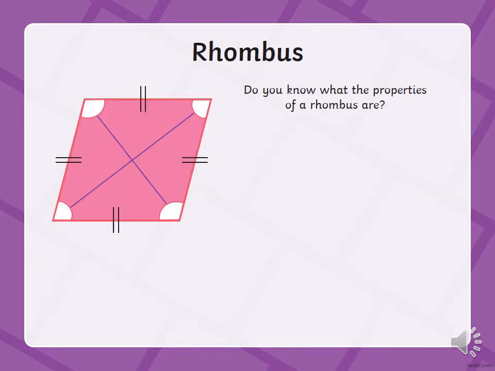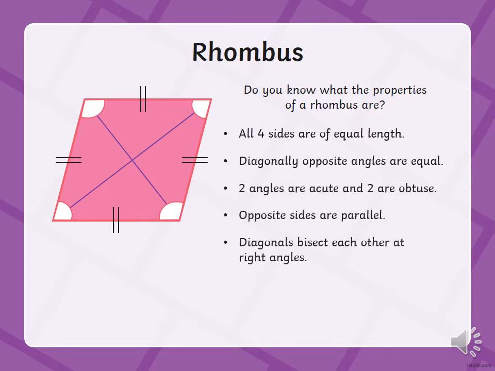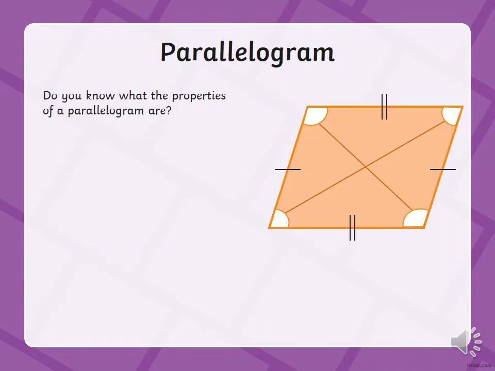So a rhombus. Do you know the properties of a rhombus? What other name could be given to a rhombus? You might not know this, but that's okay. A parallelogram. Do you know what properties are of a parallelogram?